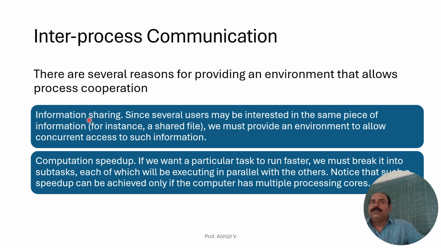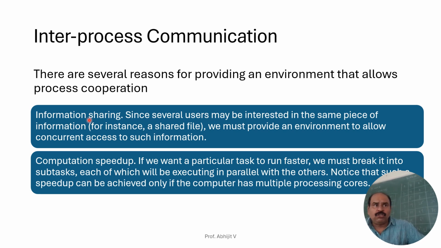Whenever you share information among multiple processes, one program can have some benefits which can be used by other processes also. So inter-process communication helps sharing of information and helps in the successful completion of the processes.